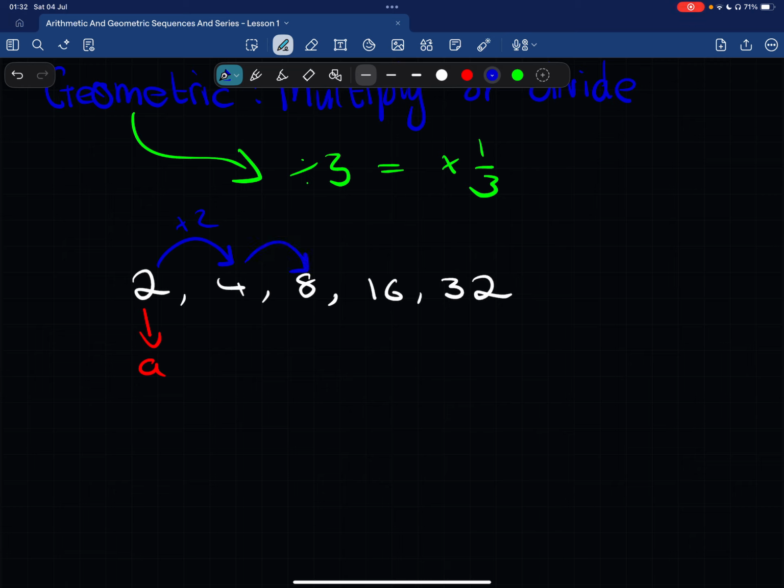Now 4 times 2 is equal to 8, 8 times 2 is equal to 16, and 16 times 2 is equal to 32. So now we have gotten our constant difference. But since we're doing geometric sequences, this is no longer called a constant difference. No, this is known as the constant ratio.